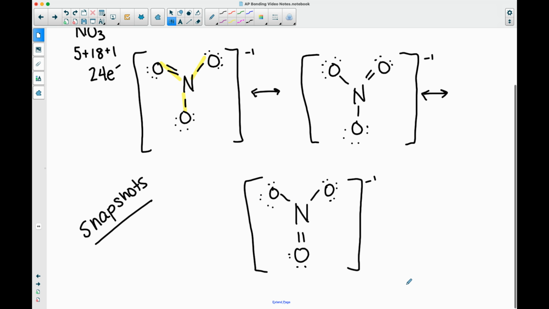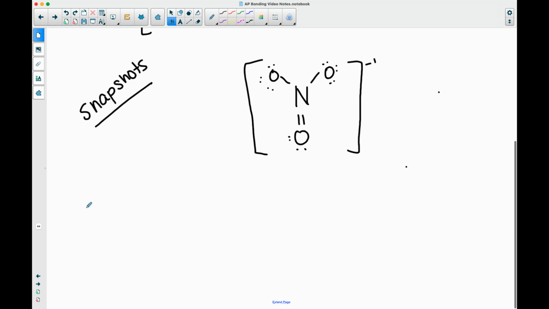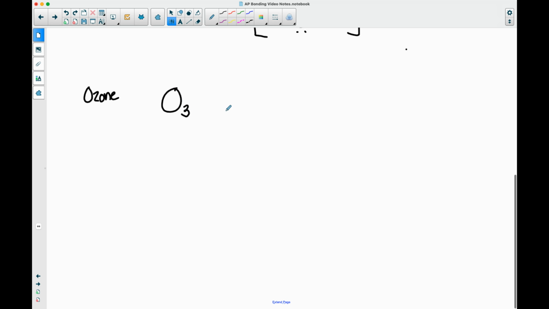Another example of something that would have this resonance would be ozone. Ozone is O3. That's 18 electrons. And if we want to start trying to make it with single bonds, that's 2, 4, 6, 8, 10, 12, 14, 16, only gives me this single pair here on my central oxygen.